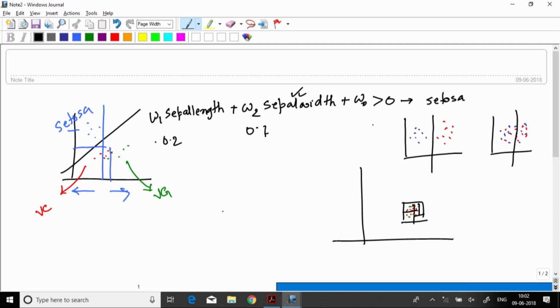Can you tell me whether this R1 or this R1 dash has more information when you are doing a classification task?